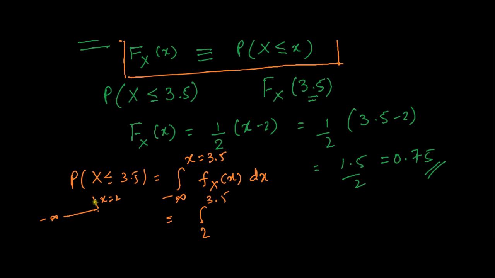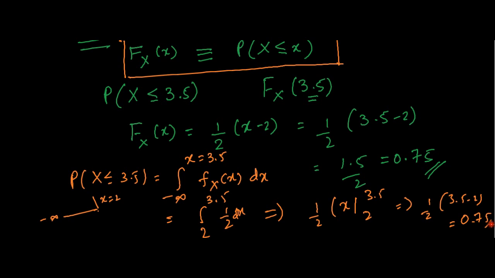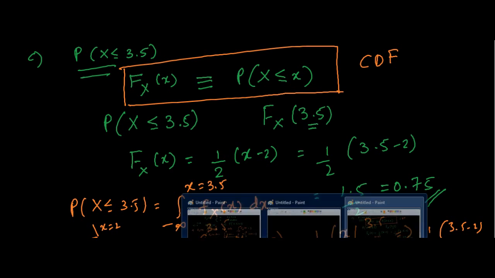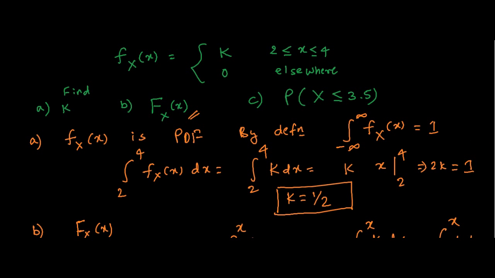Later it is 1 by 2, so that will become 1 by 2 times the integral of dx, so this will be equal to x with limits from 2 to 3.5, the same as this. So these are the two different methods which you can follow to calculate this probability. This is a fairly simple 1 mark question.